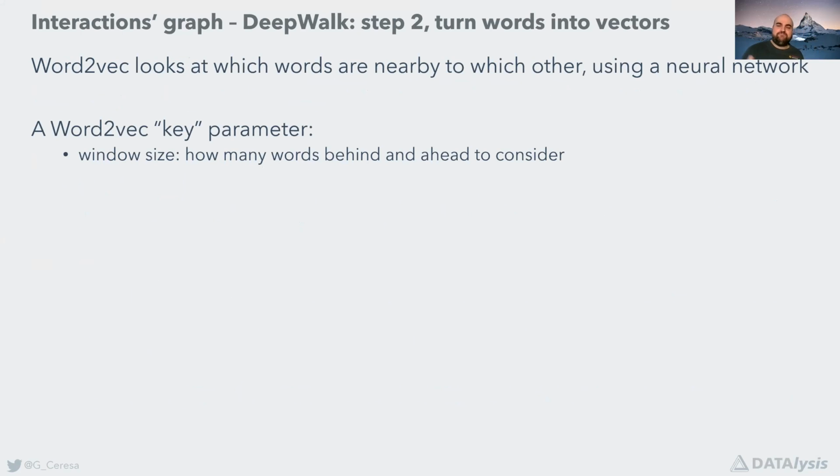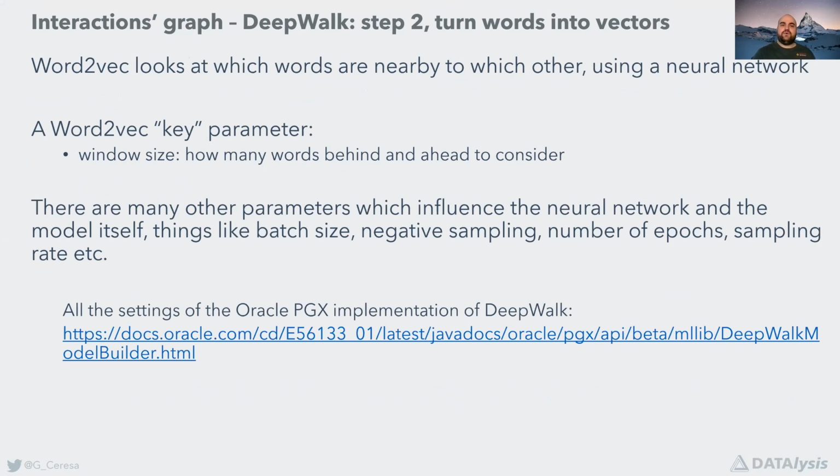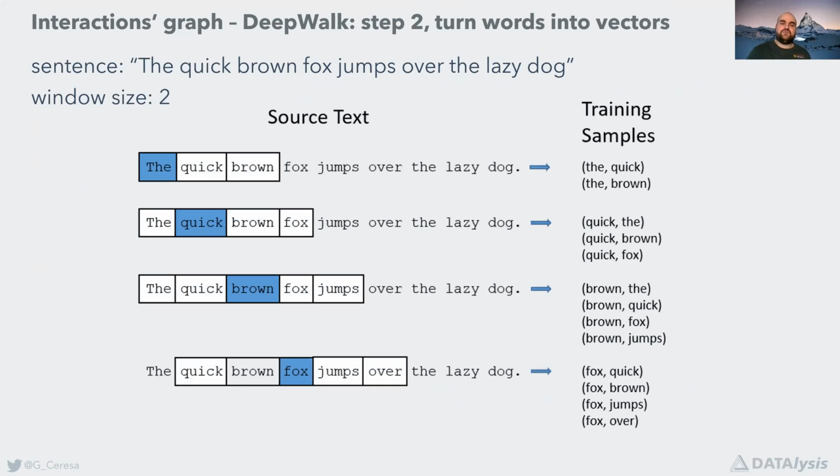Practically, what happens is there is a key parameter called the window size. Once we set the window size, what Word2Vec does is this: it takes every single sentence and starts moving word to word, one by one. In this case, the sentence is 'the quick brown fox jumps over the lazy dog' with a window size of 2. If I take the last example at the bottom of the screen, the word I'm focusing on is fox.